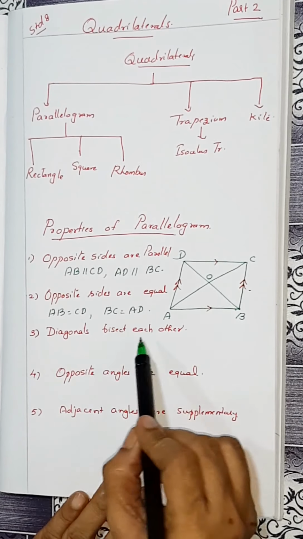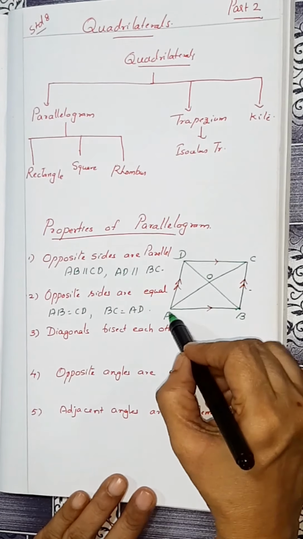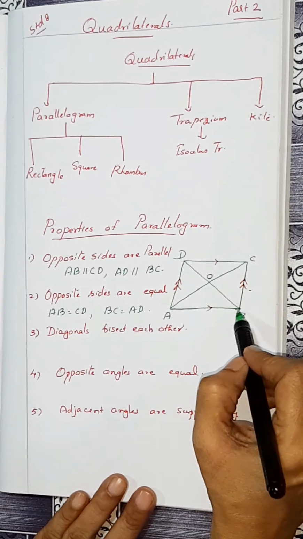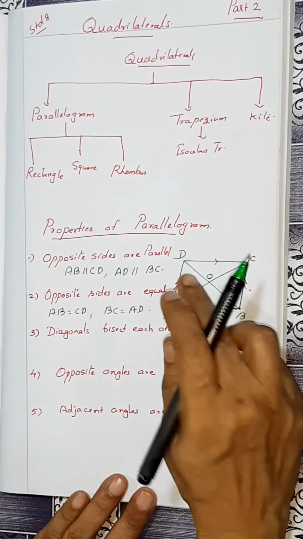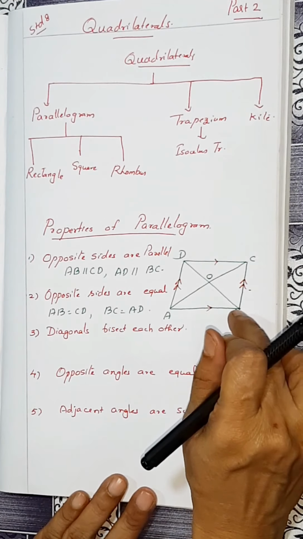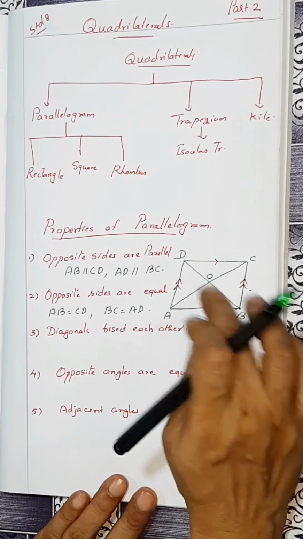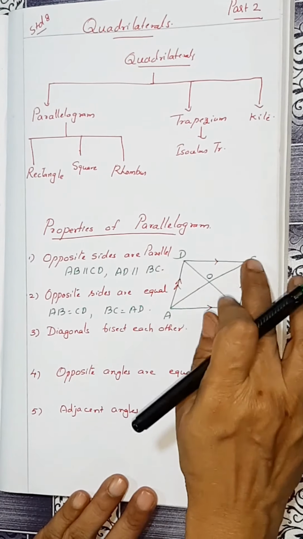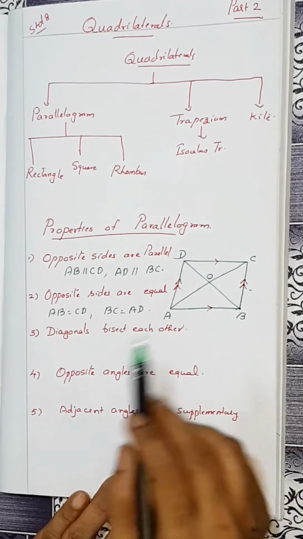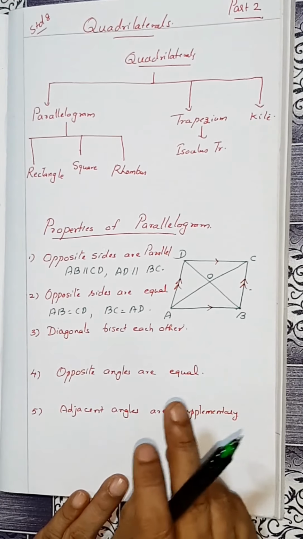Then the diagonals bisect each other. So diagonal means AC and BD are diagonals. A diagonal is a line segment joining the opposite vertices. They bisect each other. Bisect means dividing into two equal parts.